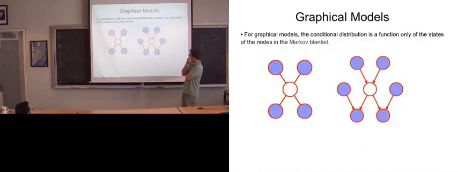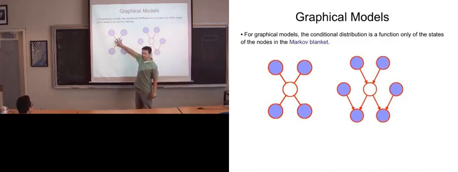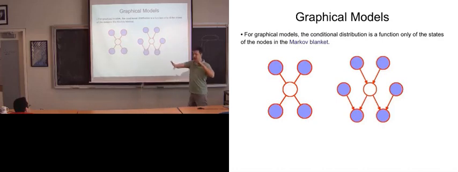For graphical models, remember the conditional distribution is a function of only the states of the nodes in the Markov blanket. In undirected graphical models, you can have a very complex graphical model with lots of nodes, but this state depends only on the neighbors. So Gibbs sampling could be useful here because given the states of the neighboring nodes, you can sample the state of this node, and you can parallelize across multiple parts of the graphical model.